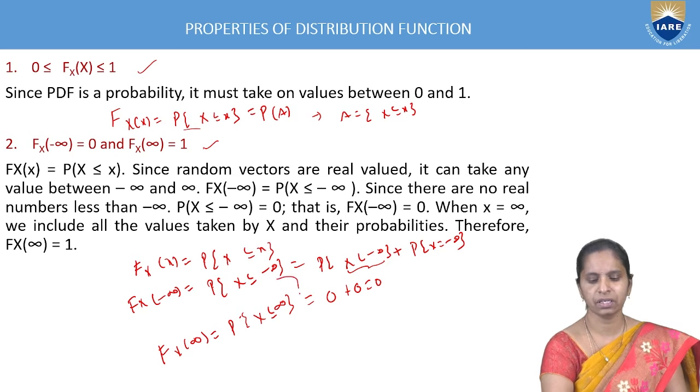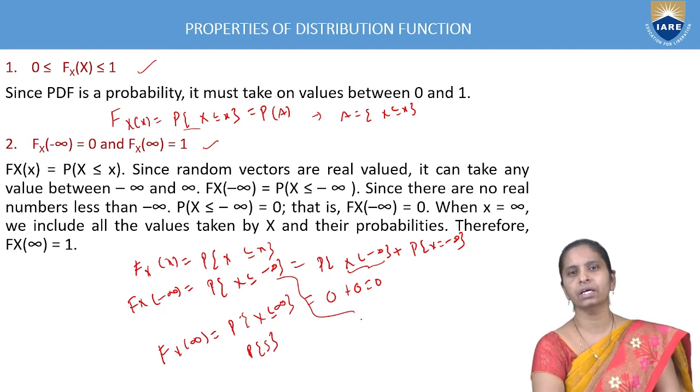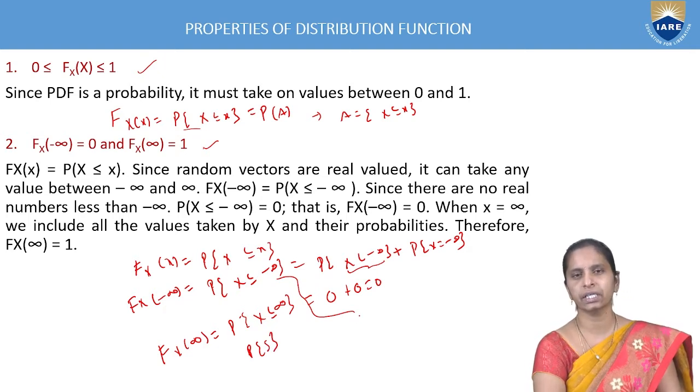So, P of X less than or equal to infinity is nothing but P of S only, because all the random variables definitely will be less than or equal to infinity. It means it is including all the values of the experiment. That's why the event X less than or equal to infinity is nothing but the sample space, which we have already discussed in the previous lecture.